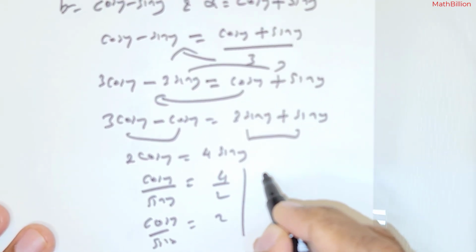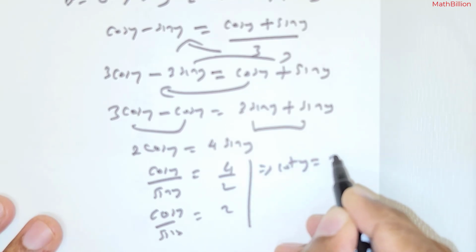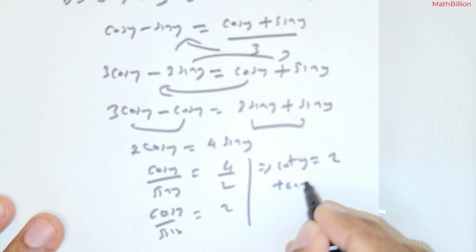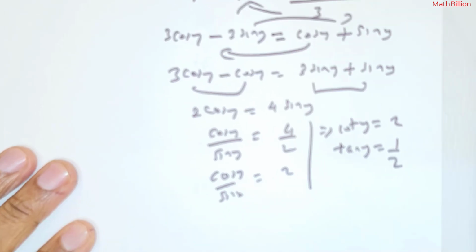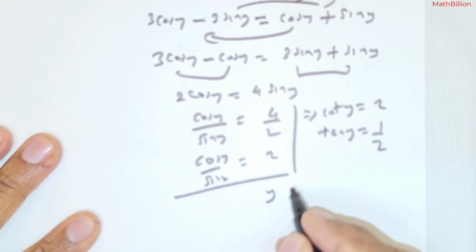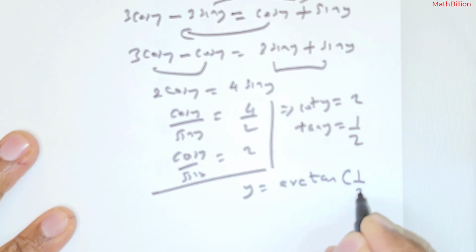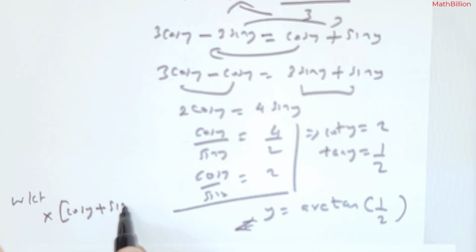Now from here, this means cot y is equal to 2 and tan y is equal to 1 over 2, right? So from here I can rewrite y is equal to arc tan of 1 over 2. We also know that x times cos y plus sin y the whole cube is equal to 27.